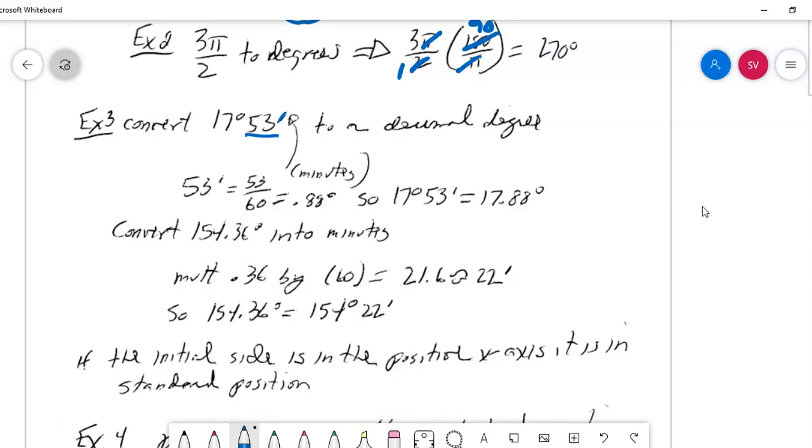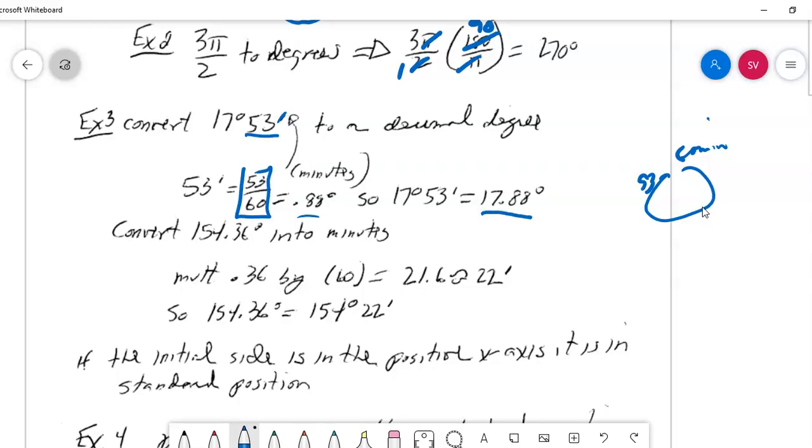So in one full rotation, you have 60 minutes. Well, I only went 53 minutes. So I want to find that ratio of how far I went. So you just simply divide 53 by 60 to get 0.88. So 17 degrees, 53 minutes is the same as saying 17.88 degrees.